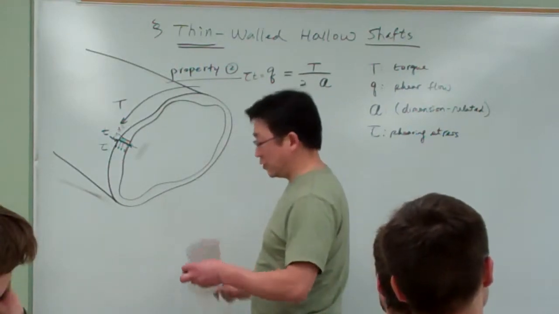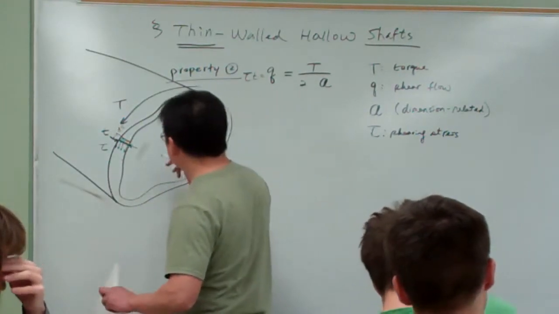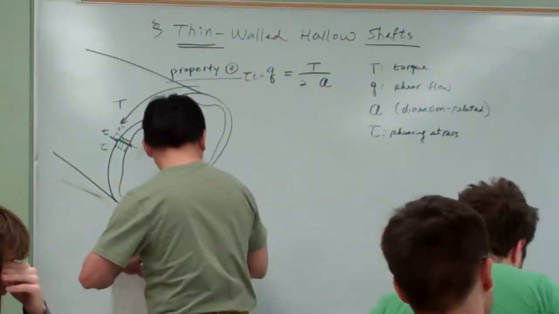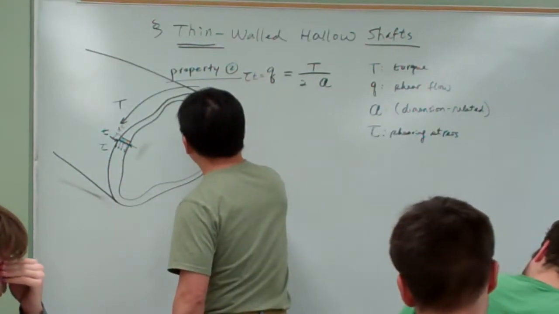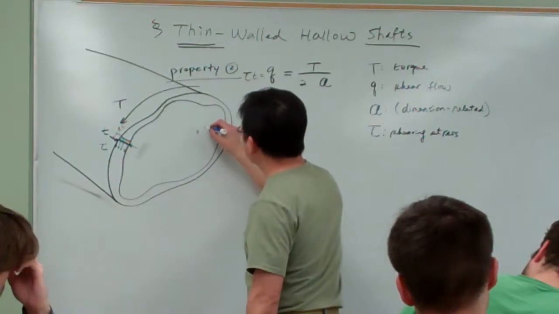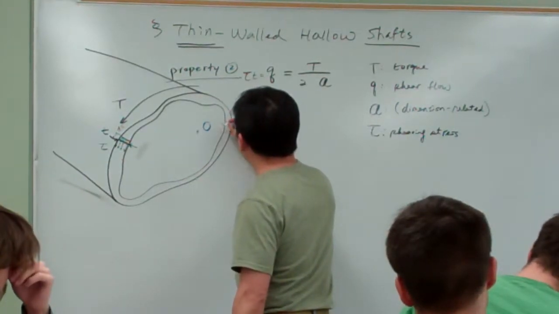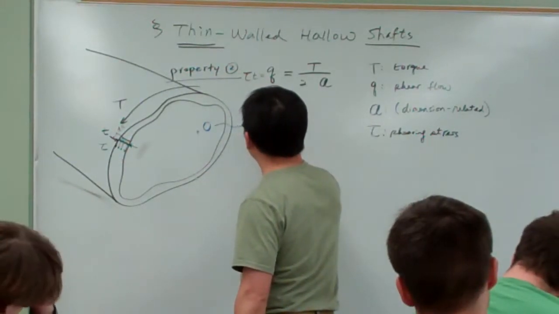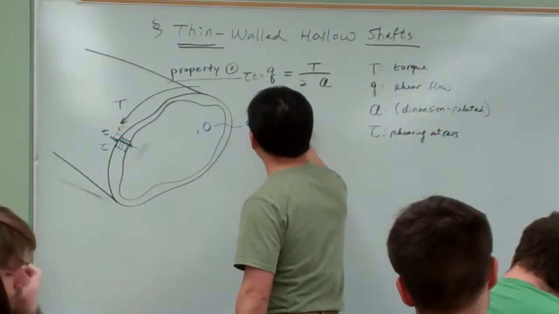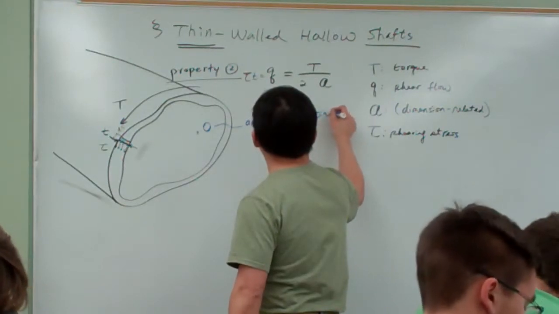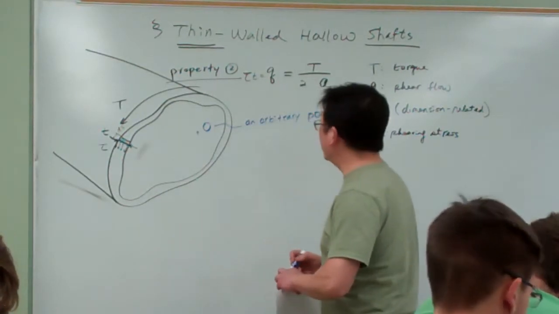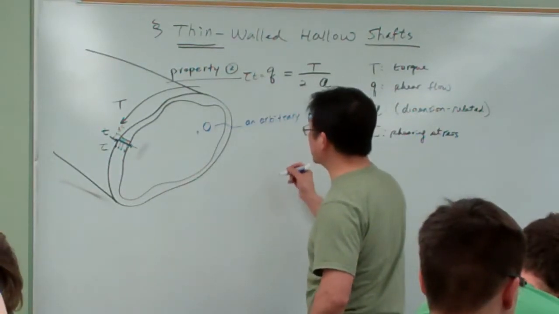Okay. So with these things in mind, what I want to do is this. We pick up any point, say O. So O is an arbitrary point, just for us to take the information.